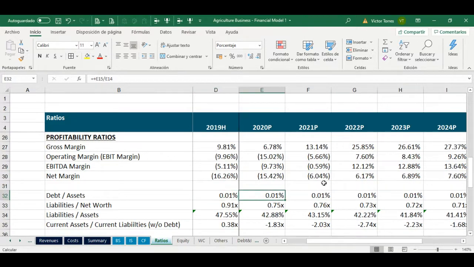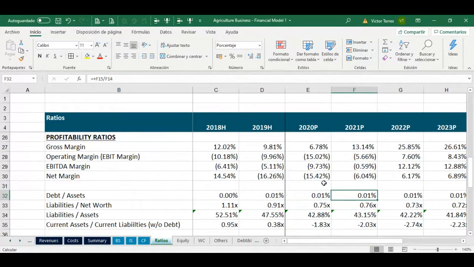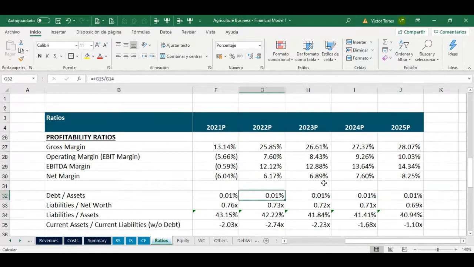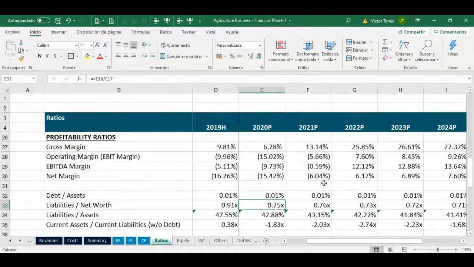Okay. Well, this is not going to be working. Debt over assets appears small over here because I have assumed the company is not getting any debt in particular, and we're going to be drilling into this in a bit. Liabilities over net worth, this is debt over equity.